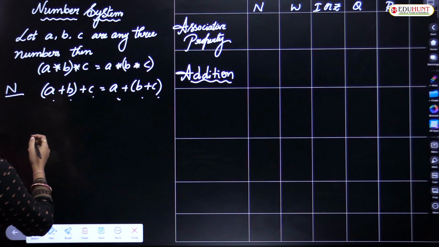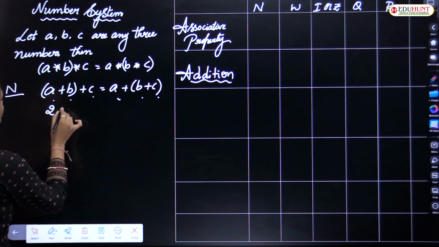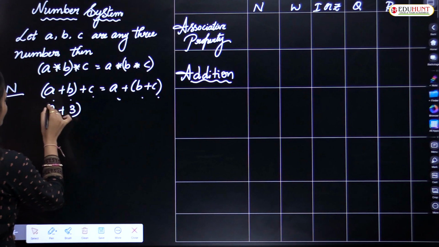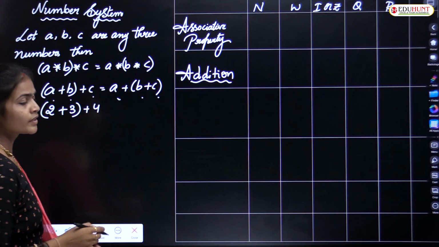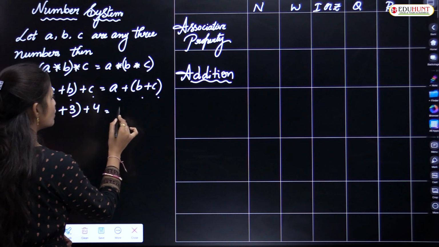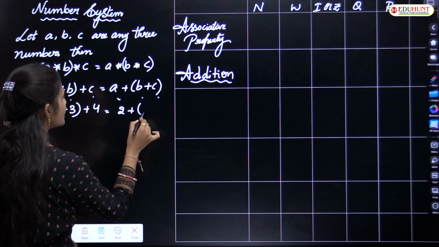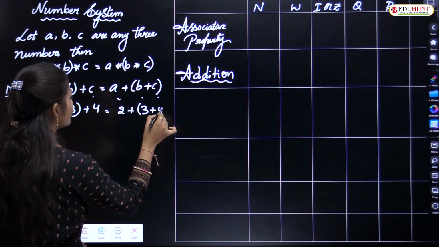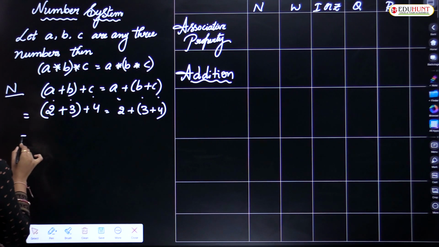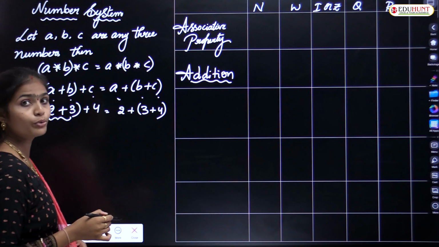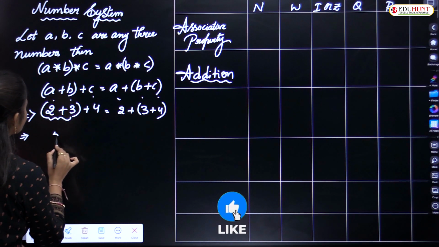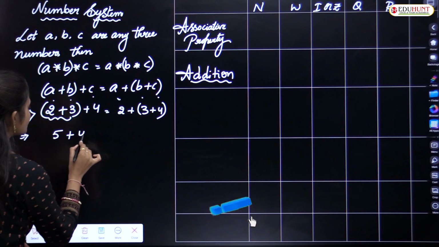I am going to take A equals 2, B equals 3 and C equals 4. Now we take the same values without changing. So (2 plus 3) plus 4 on the LHS: 2 plus 3 is 5, then 5 plus 4.